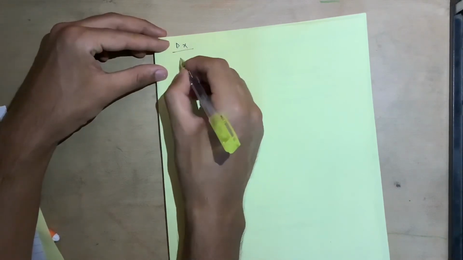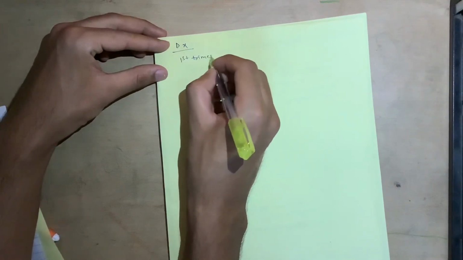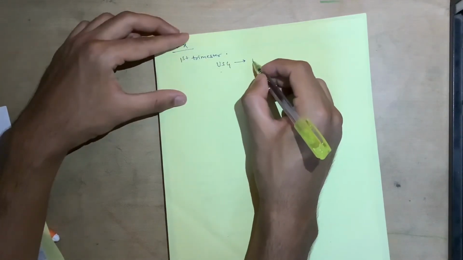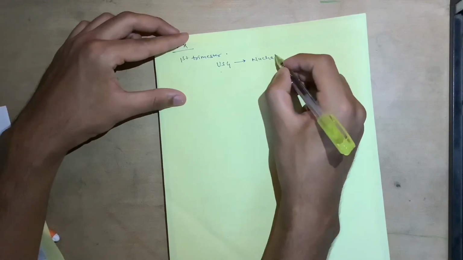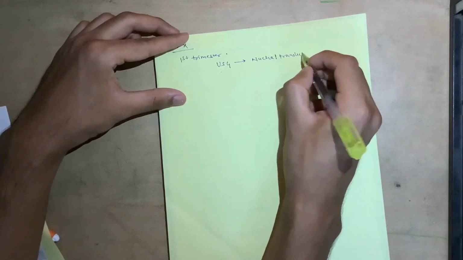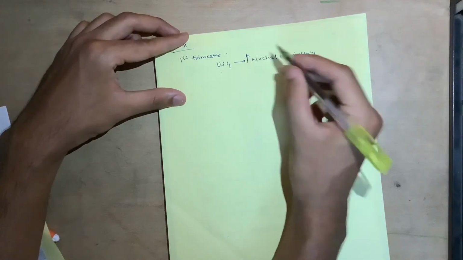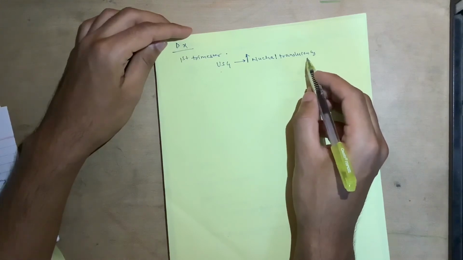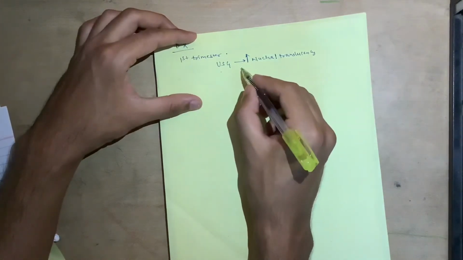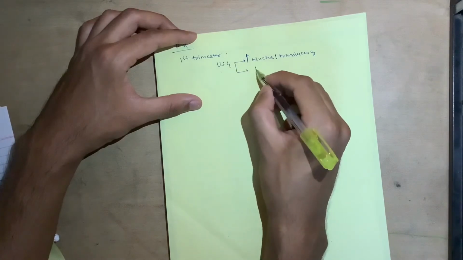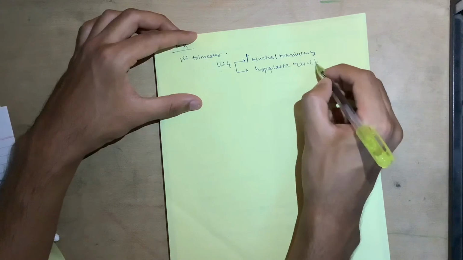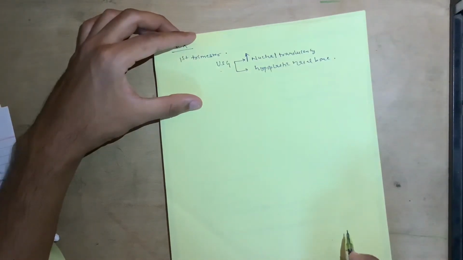For diagnosis in the first trimester, in USG we can see an increased nuchal translucency, that is the appearance of a collection of fluid under the skin behind the fetal neck, and there is a hypoplastic nasal bone that leads to a flat nasal bridge.